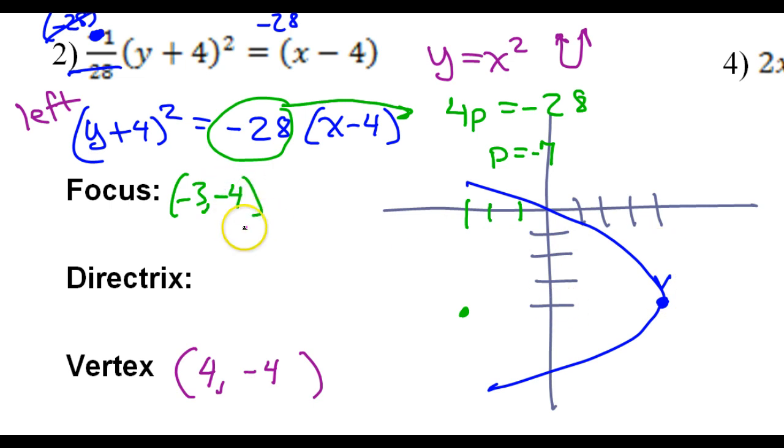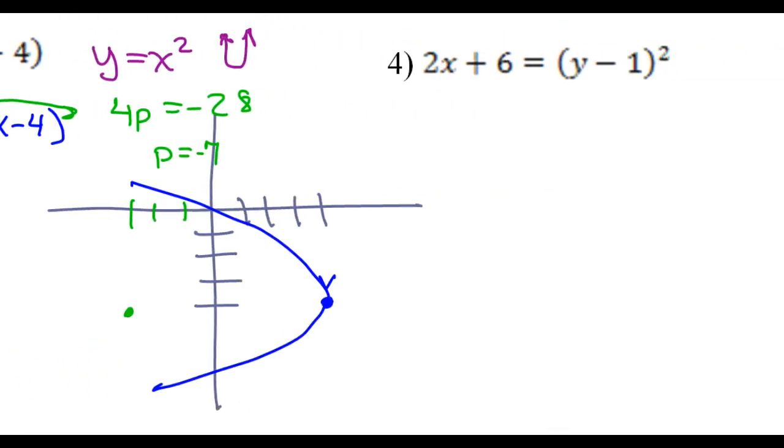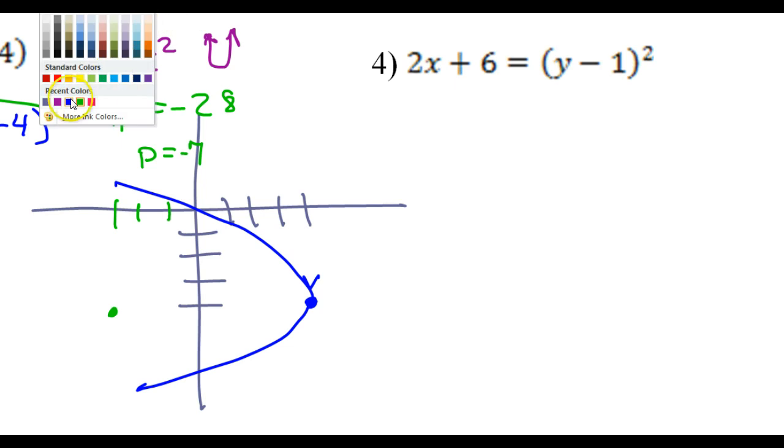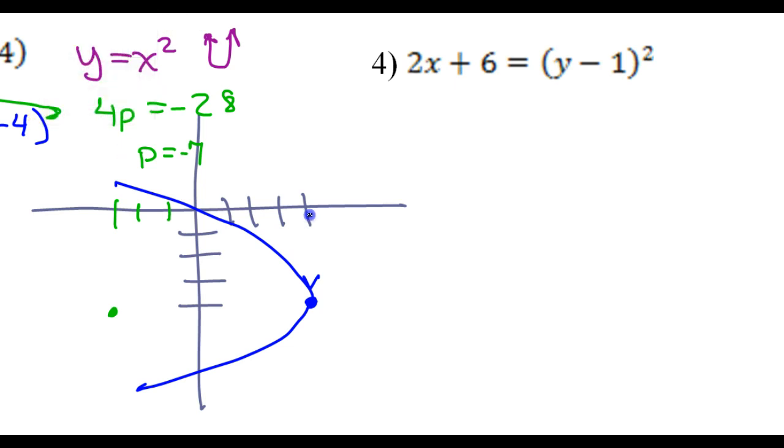So that's my focus. Now my directrix is going to have to be 7 in the other direction. All right, it's going to be encroaching on the space here, but I'm already here at 4, so I'm going to go 7. So 1, 2, 3, 4, 5, 6, 7, because of the p-value.